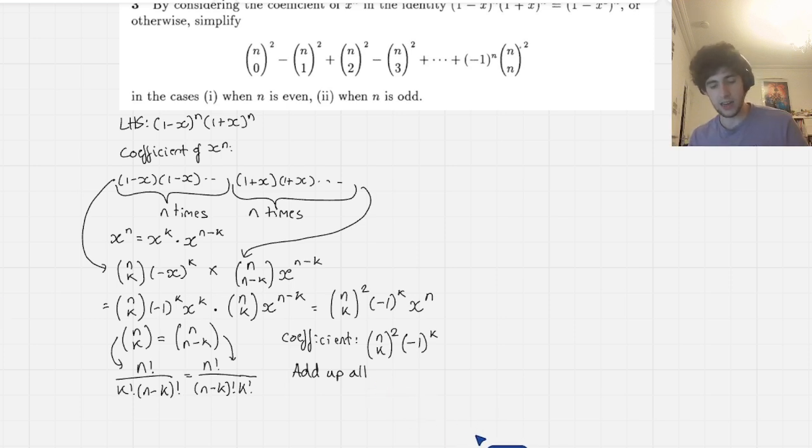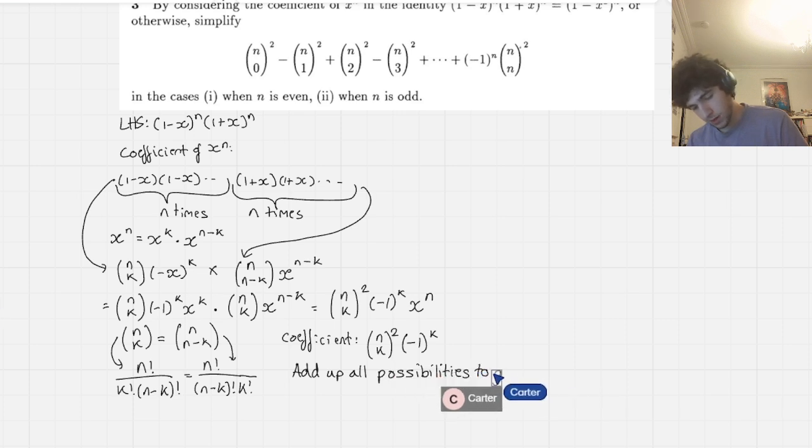Because if I choose k equals 2, this gives me one of my coefficients, but there's multiple different ways I could get x to the n, right? So I need to add up all the possibilities to get x to the n.